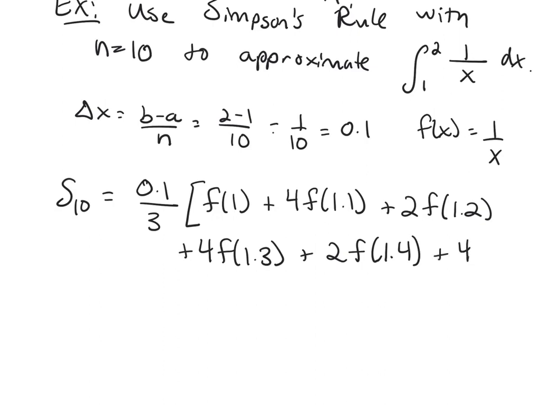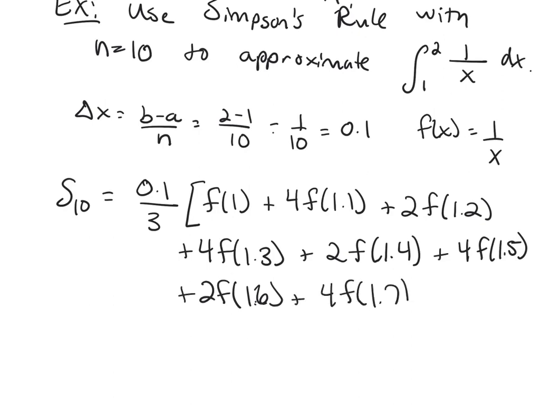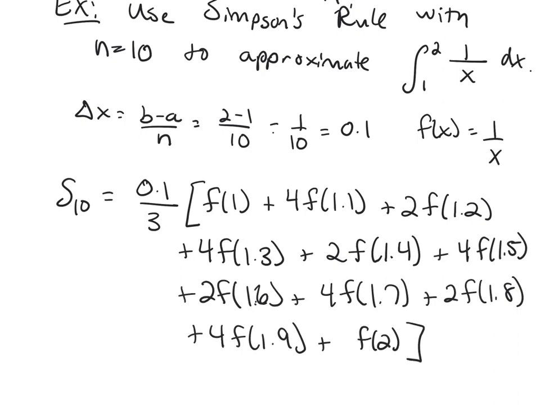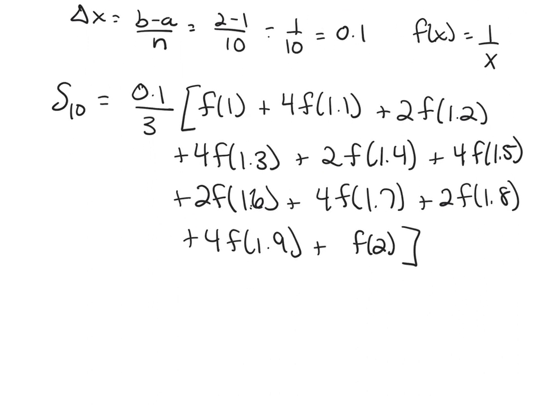Plus 4, f of 1.5, plus 2, f of 1.6, plus 4, f of 1.7, plus 2, f of 1.8, plus 4, f of 1.9, and now I'm finally at the end, f of 2, and you don't have a coefficient for that one. So it's not very nice.